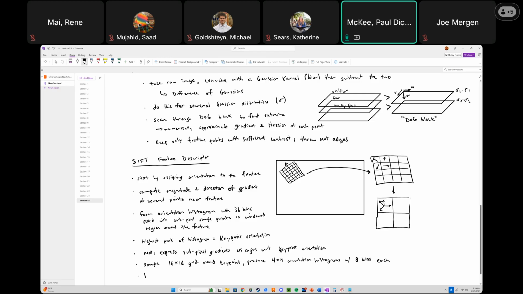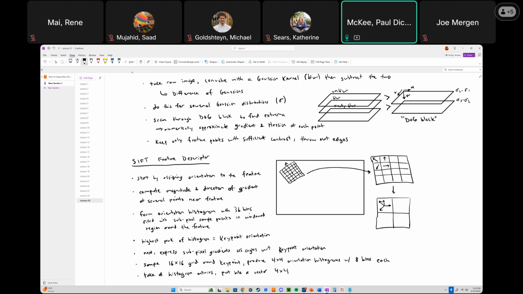We take all histogram entries and we put them into a vector. So we've got, let's see, a total of 16 histograms. They each have 8 bins.